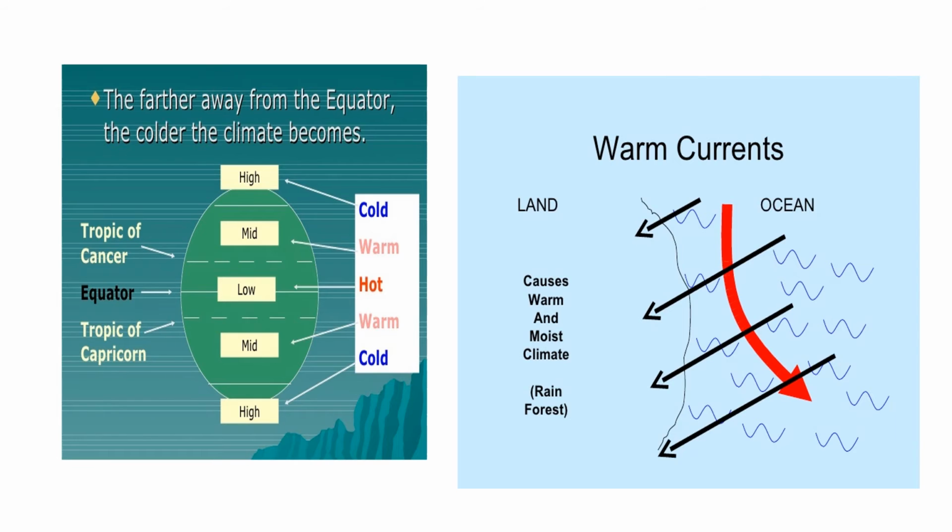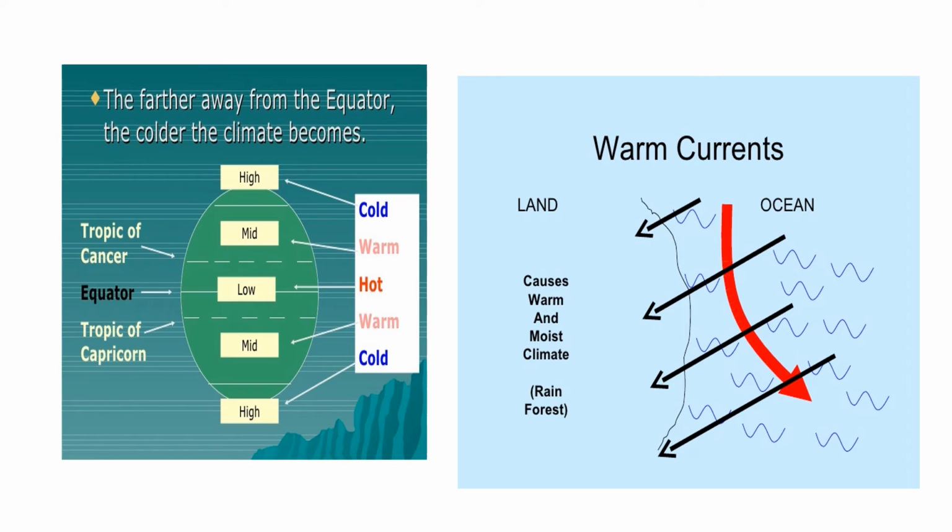Whereas as I move away from the equator, from 23.5 degrees north to 66.5 degrees north, and from the Tropic of Capricorn at 23.5 degrees south to 66.5 degrees south, the climate is not hot, it is warm. Near the polar region, the climate is very cold. We say hot and cold climate, and in between we always have the warm climate.